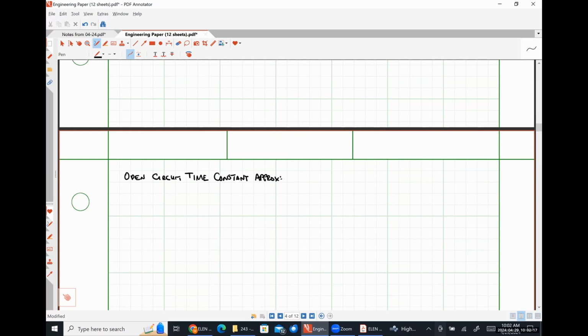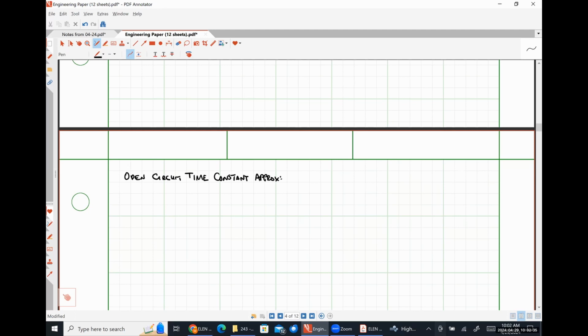So, open circuit time constant approximation. I hope this isn't too wild or crazy, but since our capacitor CCS and our capacitor C mu are in parallel, they're going to see the exact same resistance, right?